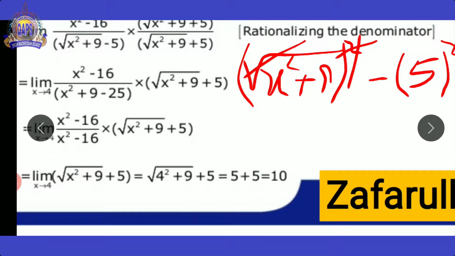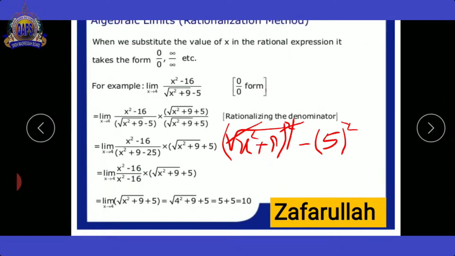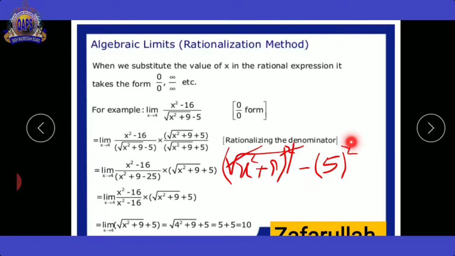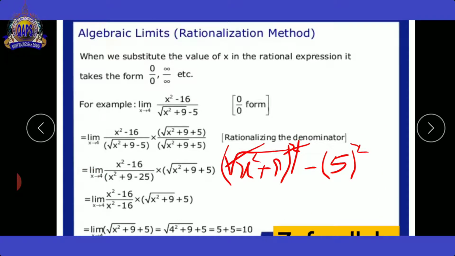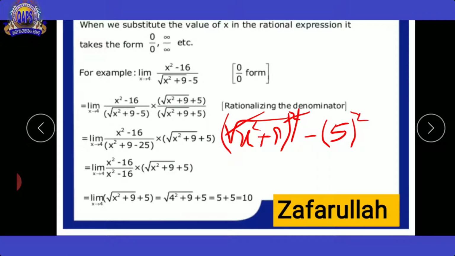So this whole solution says that in algebraic limits we are applying the rationalization method.